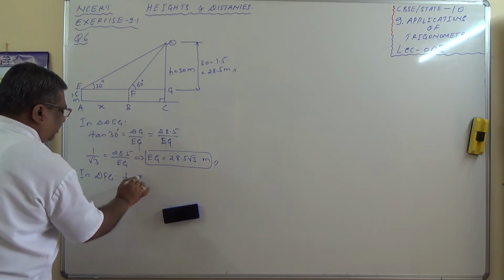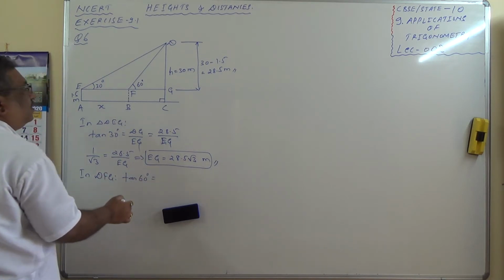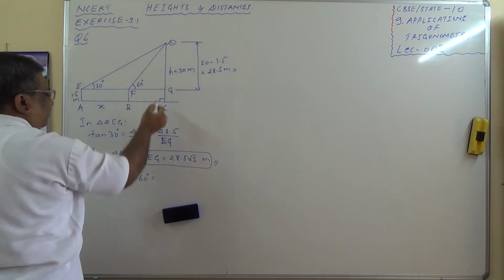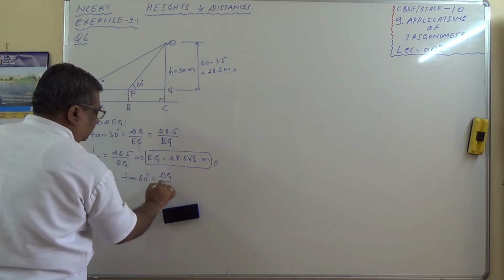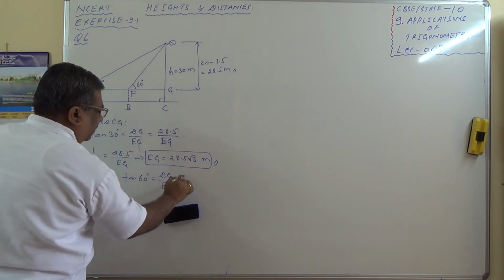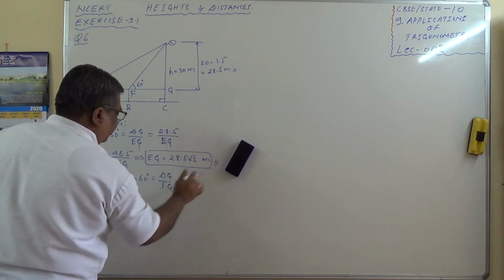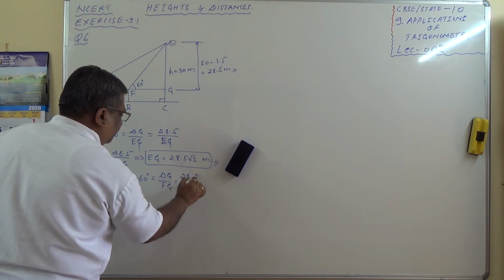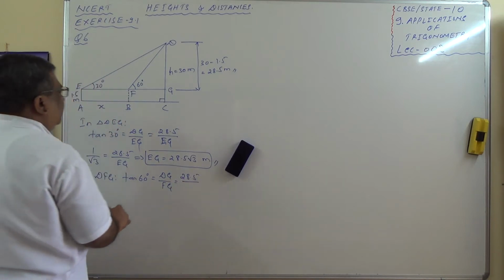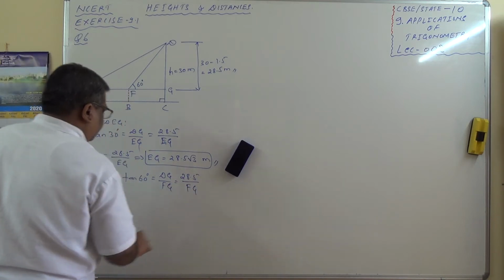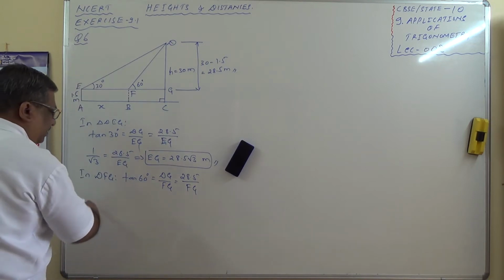In triangle DFG, tan 60 degrees equals DG by FG. DG is 28.5 meter. FG is as it is. So what is tan 60?